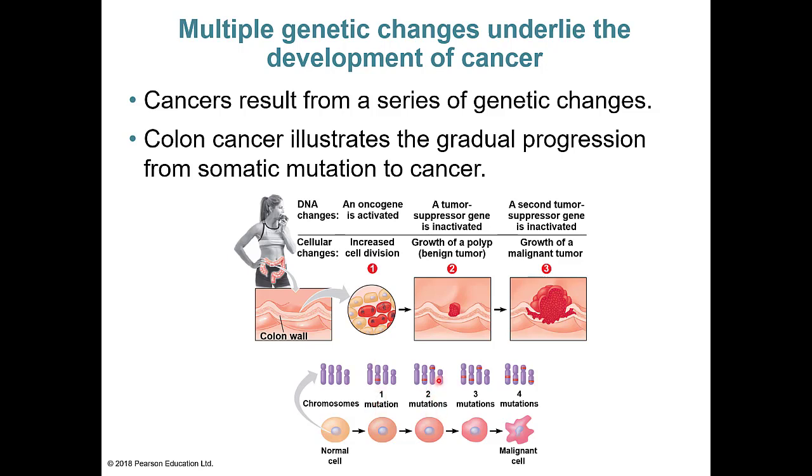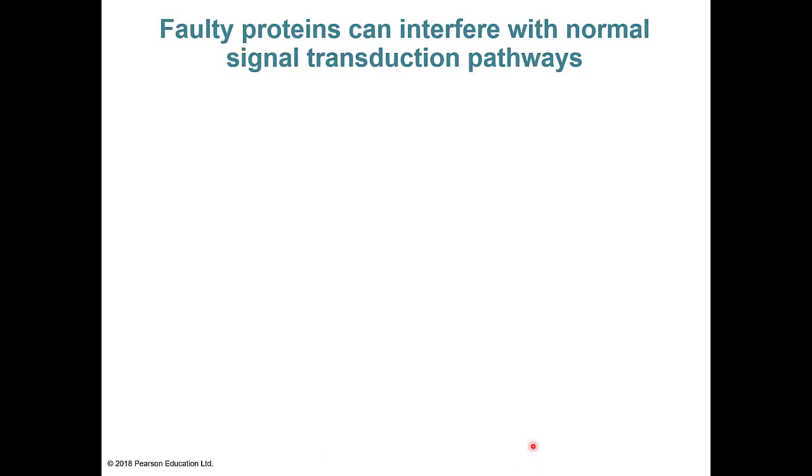In the second one here, we have two mutations, and we start developing these mutations. And as we add mutations in, we're more likely to develop one of these malignant cells. So it can be the sum of many mutations that causes the formation of this malignant tumor.